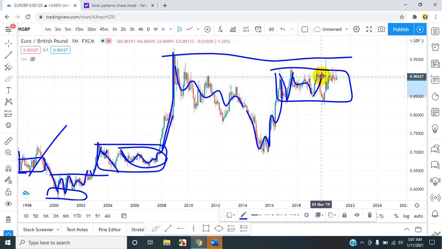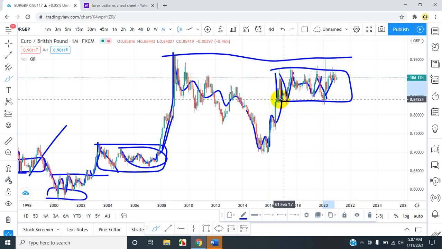And then it came up again, hit that area of resistance in that same area. It wasn't able to break through, came back down, hit support again, wasn't able to break through, and came back up to resistance one more time. It wasn't a breakthrough. So we have about 6, 7, 8 touches here of the resistance, and about 4 touches on the support, or maybe more if you go down the time frame a little lower.